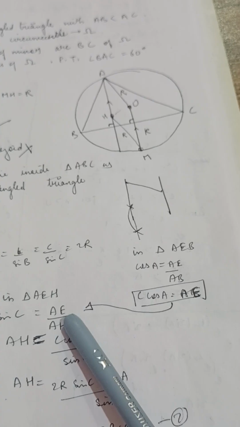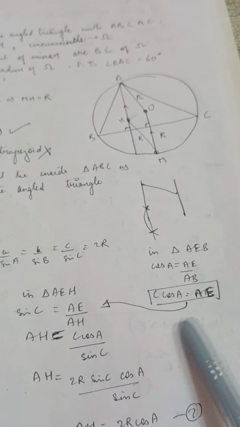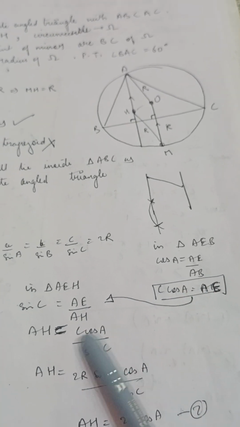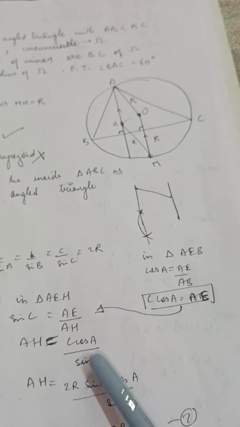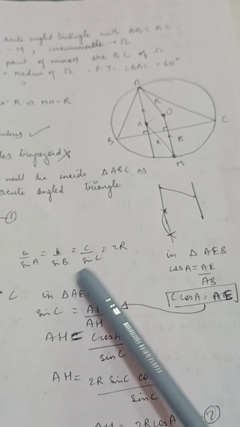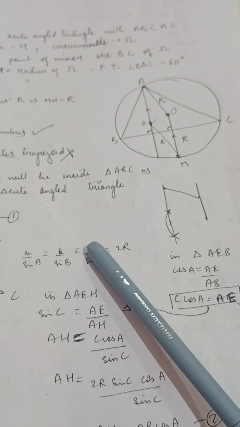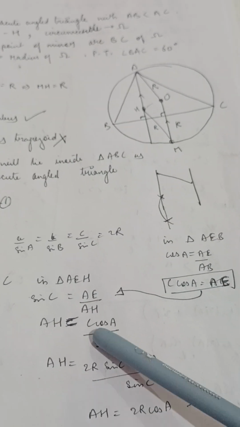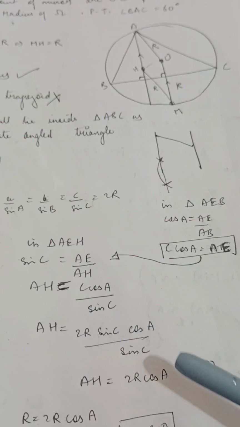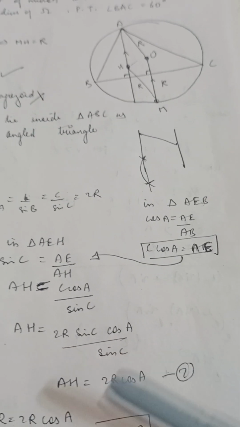Using the value of AE from here, I am writing c cos A, sending AH to this side and sin C in the denominator, and from the sine rule I am writing c as 2R sin C in the numerator. After putting those values you will get AH is equal to 2R cos A.